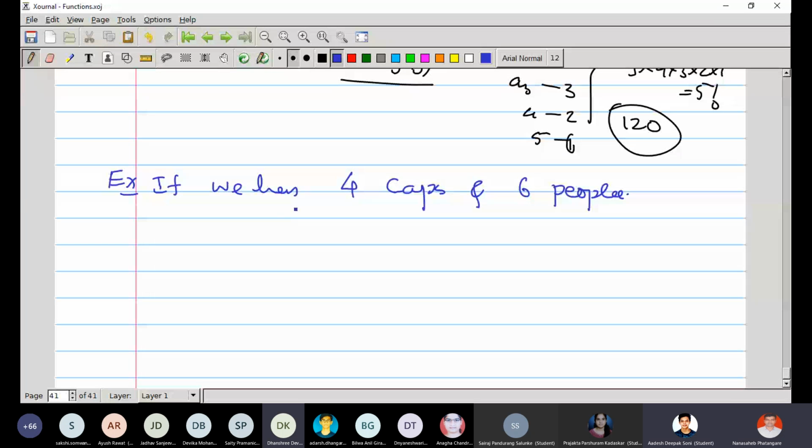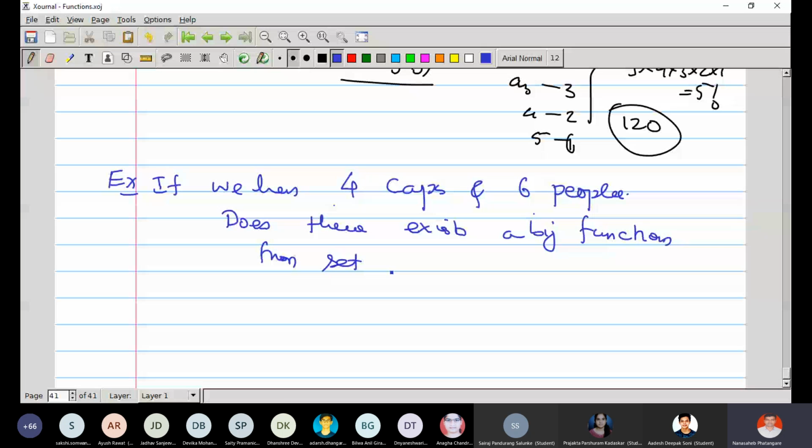Does there exist a bijective function from the set of 4 caps to the set of 6 people?